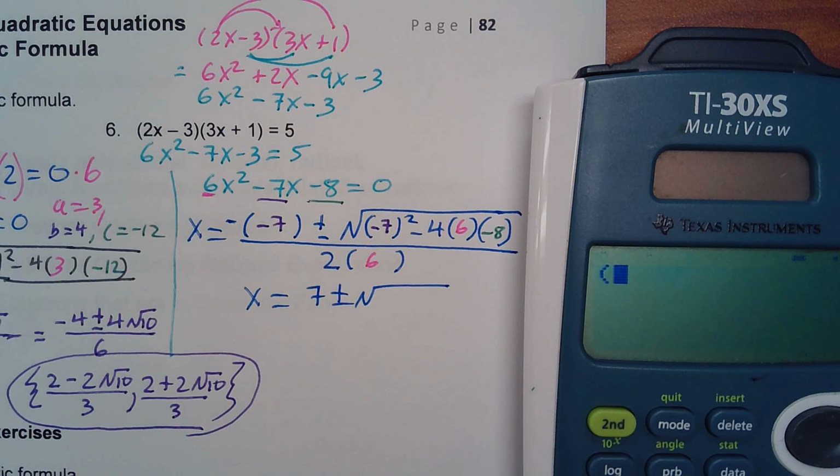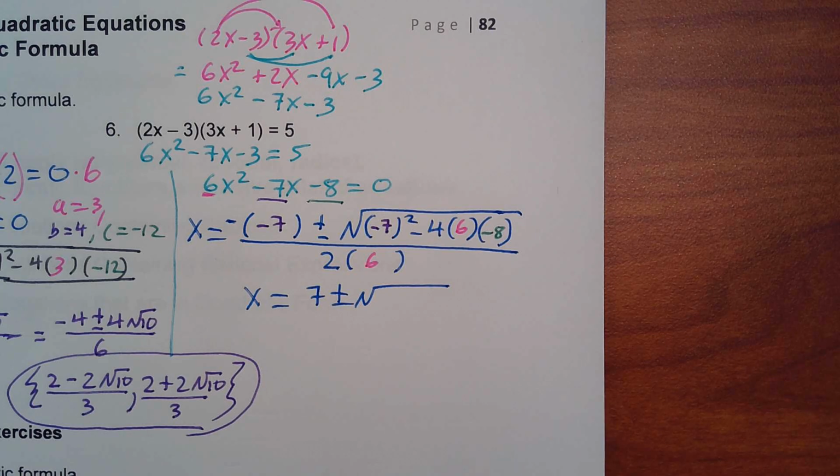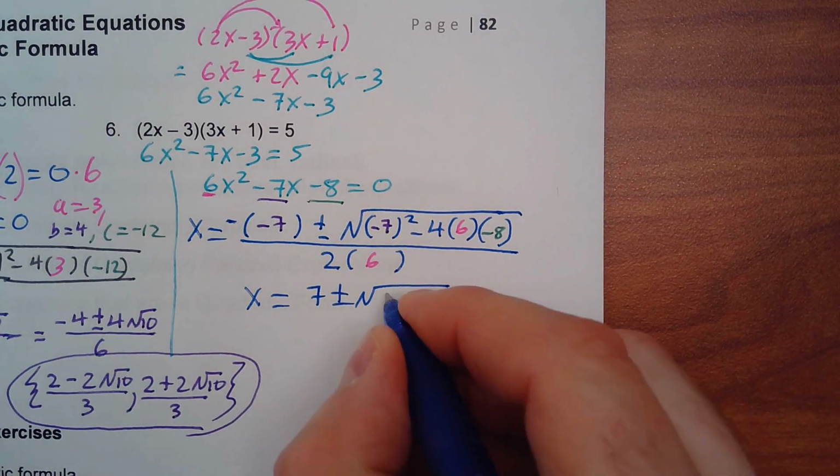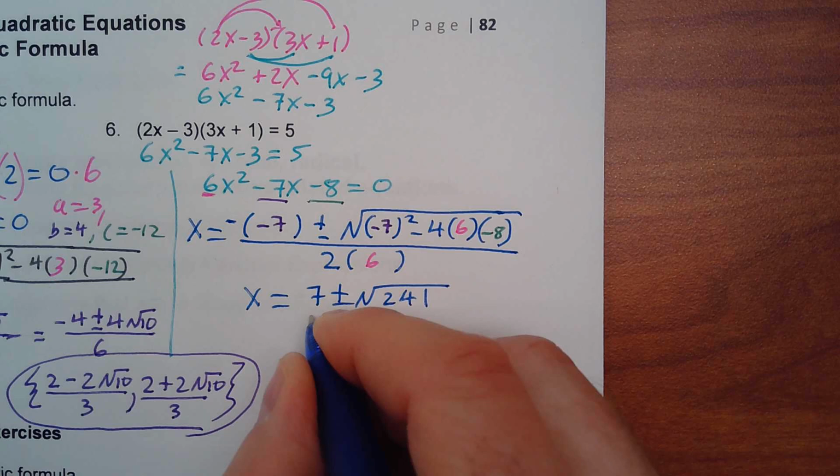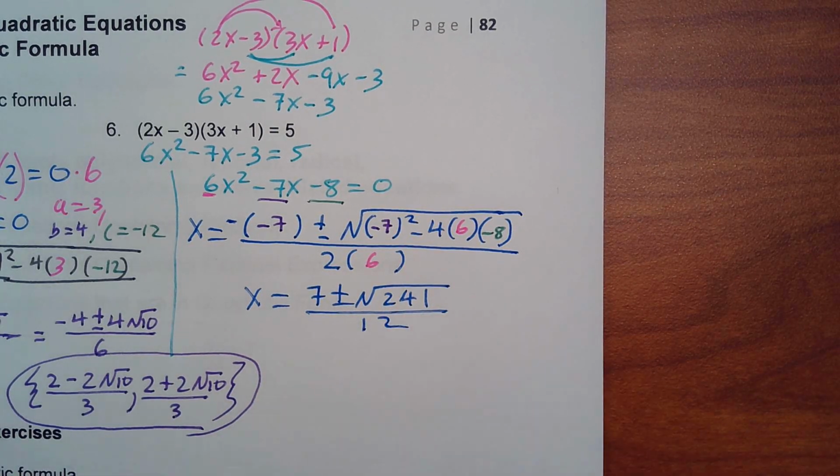So we're going to have negative 7 squared minus 4 parentheses 6 parentheses negative 8. That gives us 241, all over 12. We can't break down 241, so that's our answer.